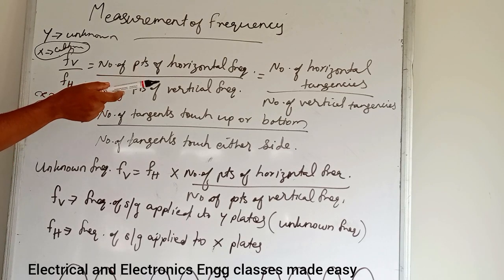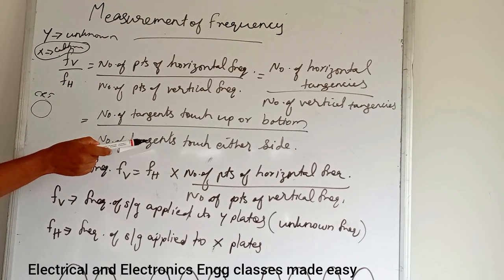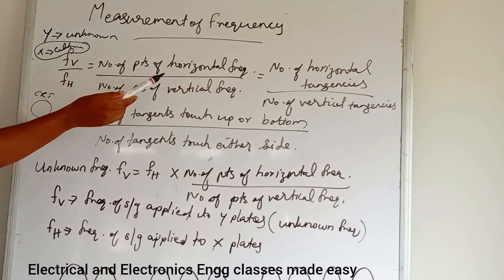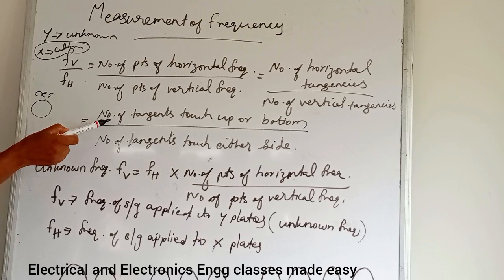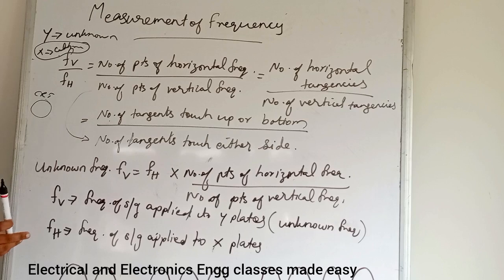Tangency means the number of tangents touching up or bottom divided by the number of tangents touching either side.